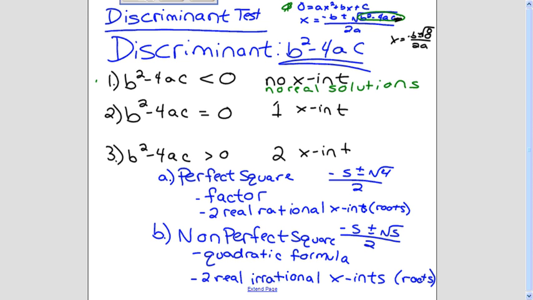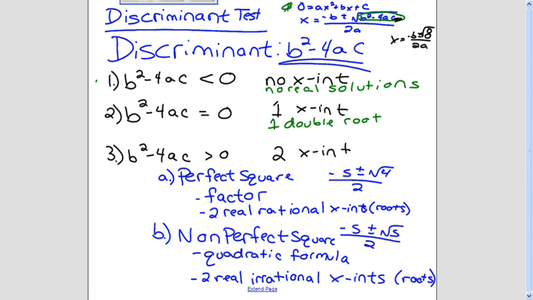If b squared minus 4ac equals 0, if that discriminant is 0, there is one x-intercept. And what that means for solving, there is going to be one double root or double solution. You have to think about it if we're talking about solutions. And then lastly, if it's positive, if it's greater than 0, we have these two cases again.